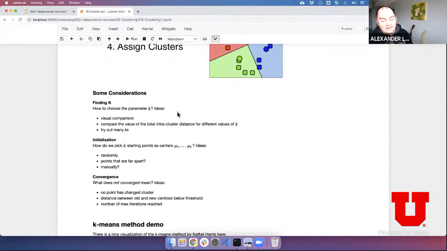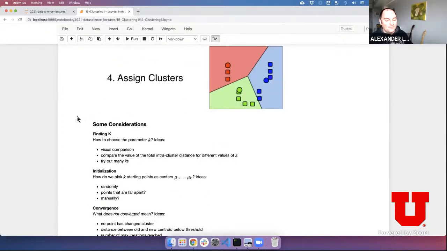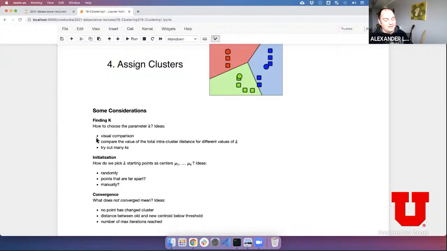Okay, so a couple of things that we haven't really discussed. First, we need to figure out what is a good parameter k. Some ideas: we could look at the data. If it's low dimensional, we can eyeball it and say, it looks like there are 3 clusters in here, or 5 clusters in here, and pick k.